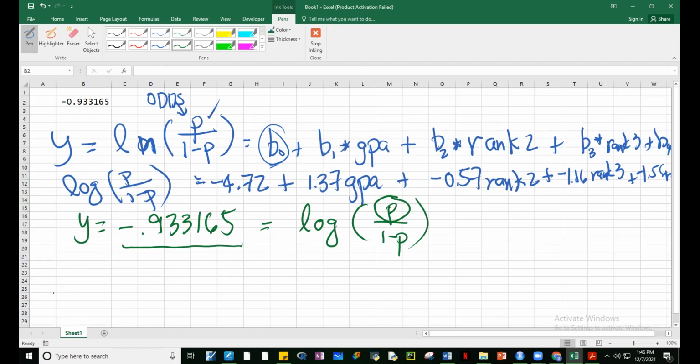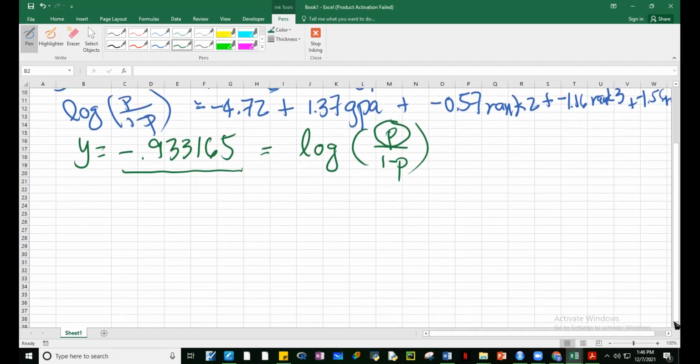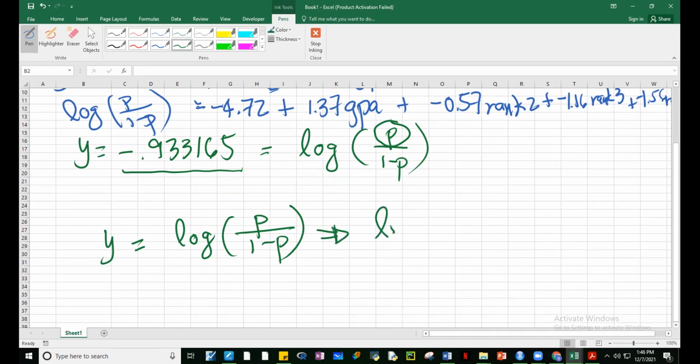So sulat ko lang yung equation, no? So using just simple arithmetic, no? So we know that y is equal to log of P over 1 minus P. Okay, so actually that's ln, natural logarithm of P over 1 minus P. Okay, so paano natin matatanggal si ln?